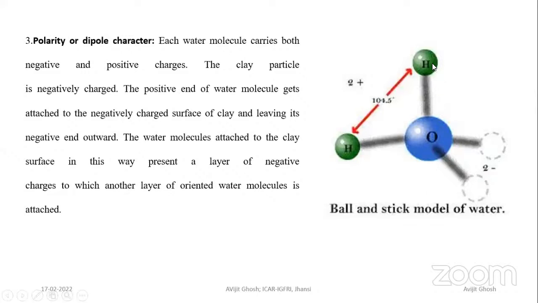Water has two hydrogen atoms and one oxygen atom. So the H plus ion has a positive charge, and the oxygen atom has a negative charge here. So what happens when a clay particle is present? Clay has a negative charge and hydrogen has a net positive charge.